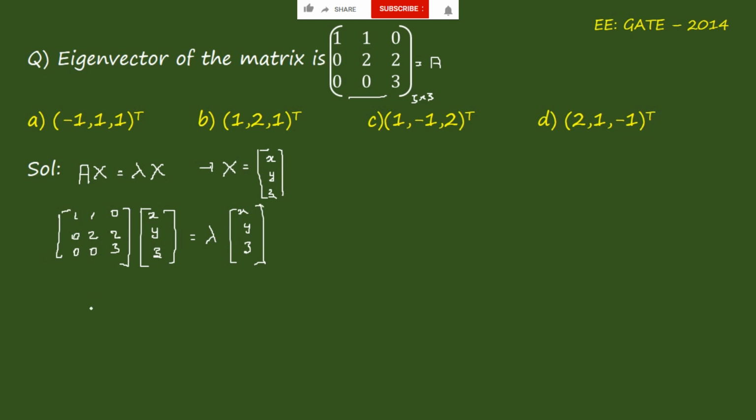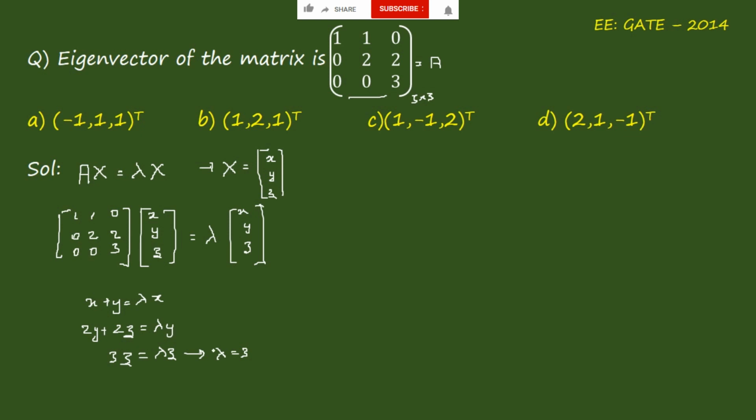So just multiply it, then we get x plus y equal to lambda x, and 2y plus 2z equal to lambda y, and 3z equal to lambda z, right? So from the last equation, you can see that lambda is equal to 3.